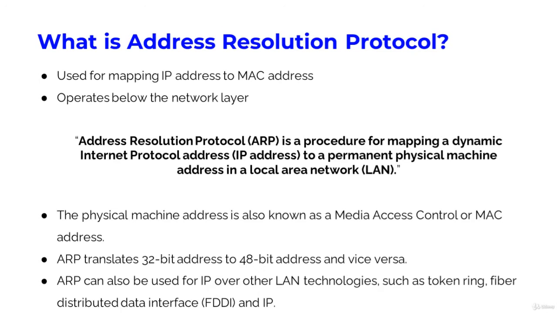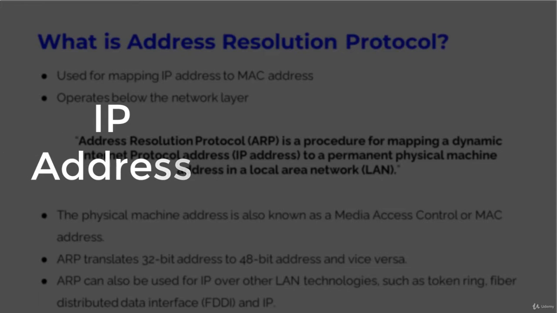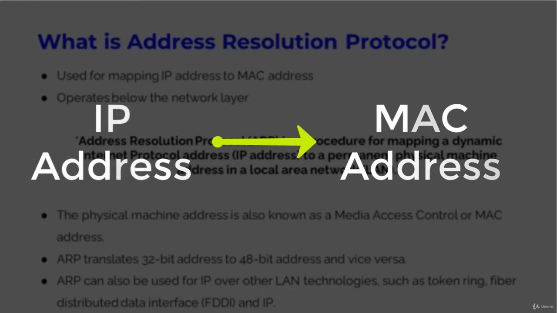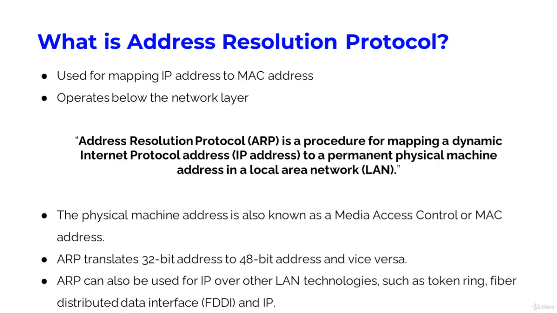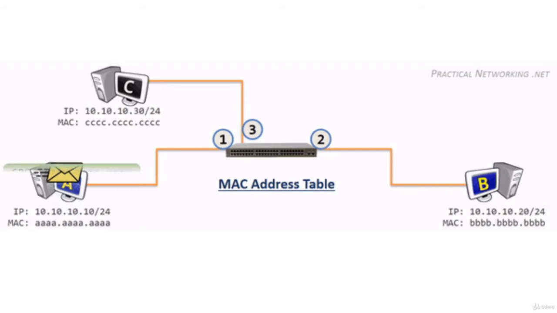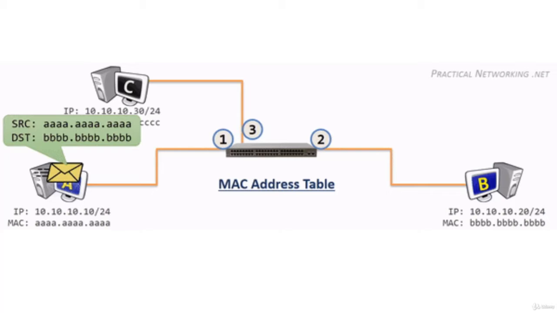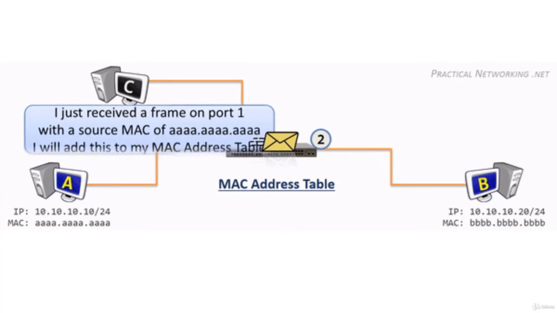So now once we have discussed address mapping, we will now see what is Address Resolution Protocol. ARP is a network protocol used to find out the hardware address, which is nothing but the MAC address of a device, from an IP address. It is used when a device wants to communicate with some other device on a local network. For example, on an Ethernet network that requires physical address to be known before sending packets. The sending device uses ARP to translate IP address to MAC address.